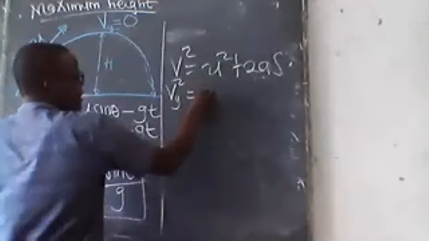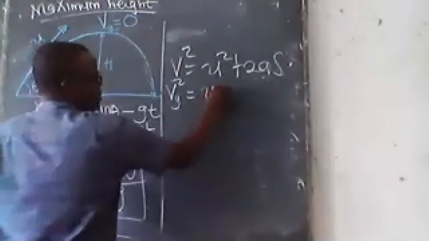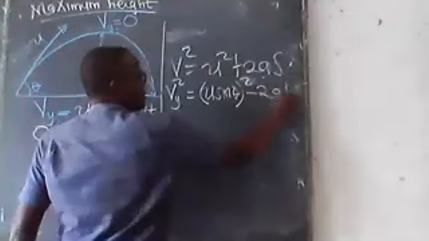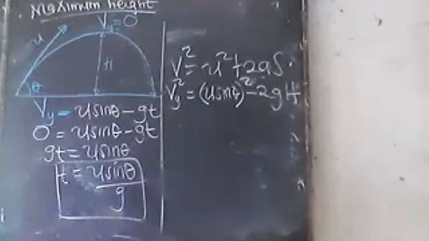The u becomes vertical, u sine theta, minus 2g, and s becomes capital H, the maximum height. At maximum height, velocity is equal to 0.